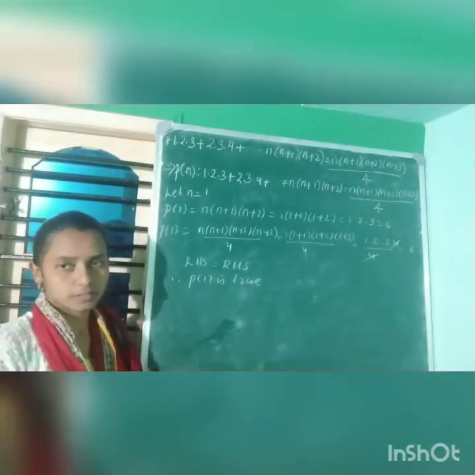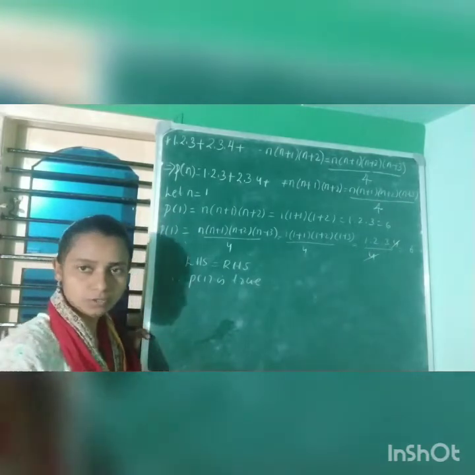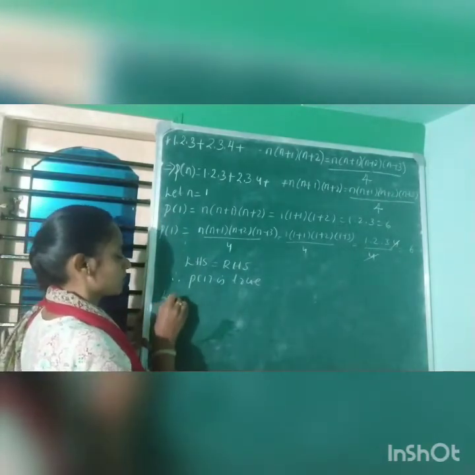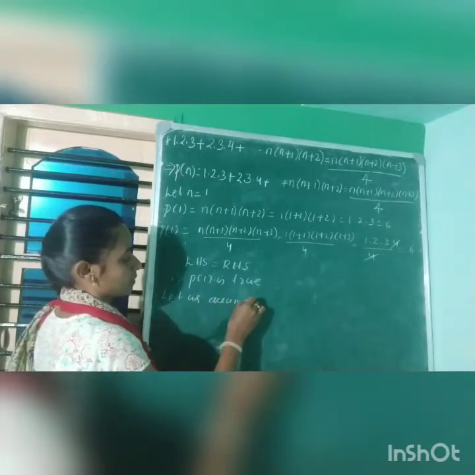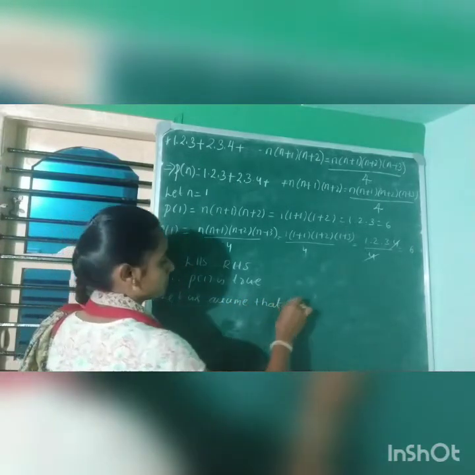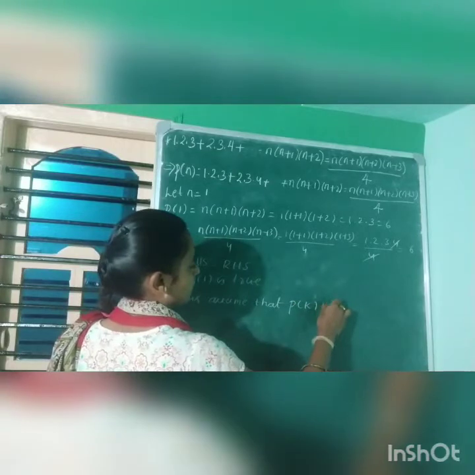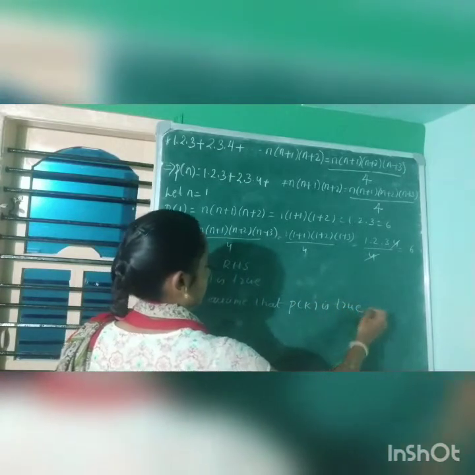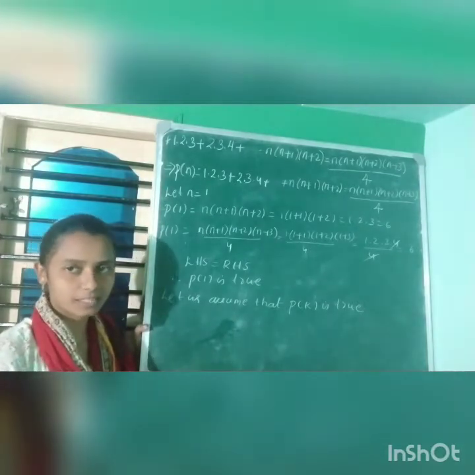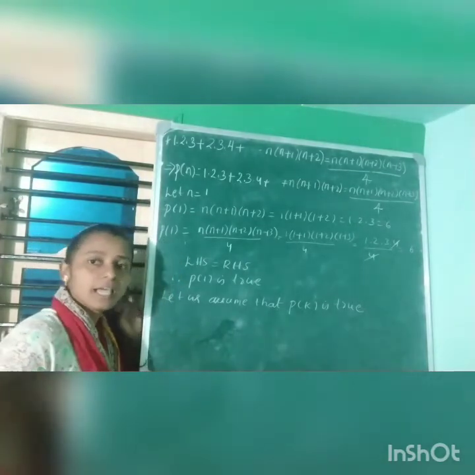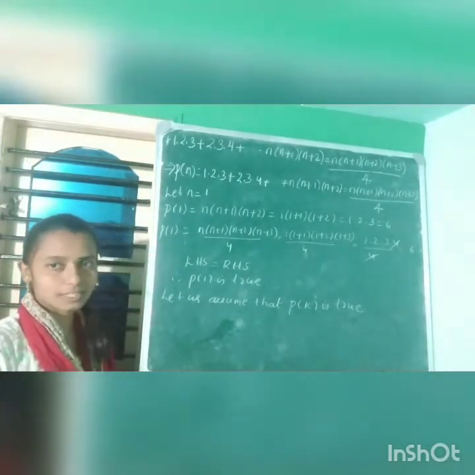Once P of 1 is true, then you need to assume that P of k is true. Let us assume that P of k is true. P of k is true means you need to consider the given statement P of n as P of k. It is nothing but in the place of n, you take k.